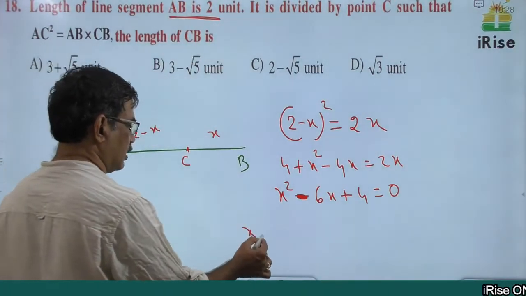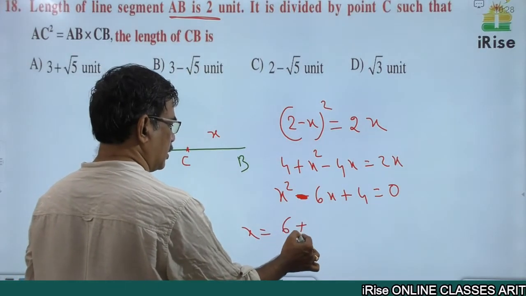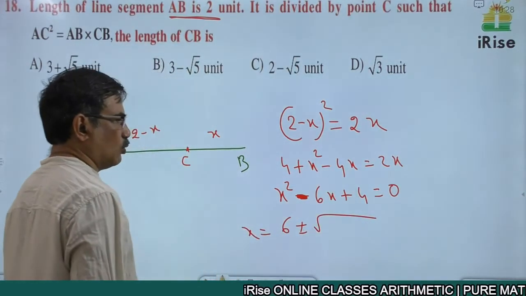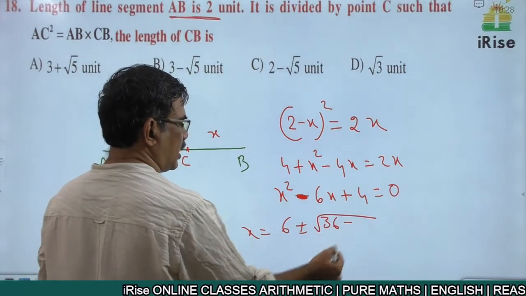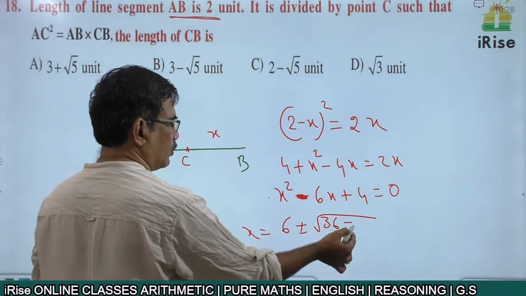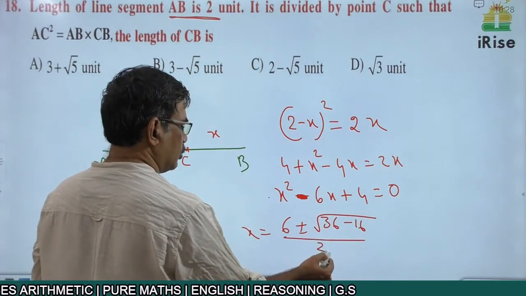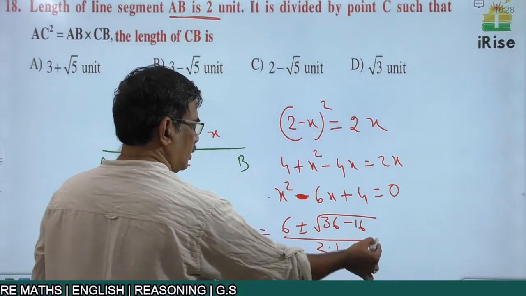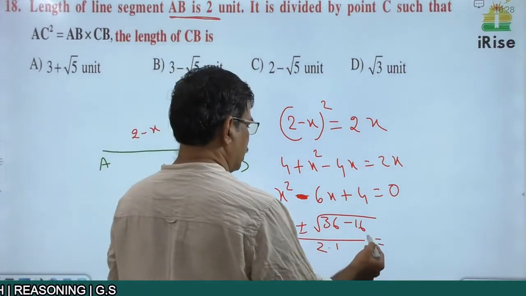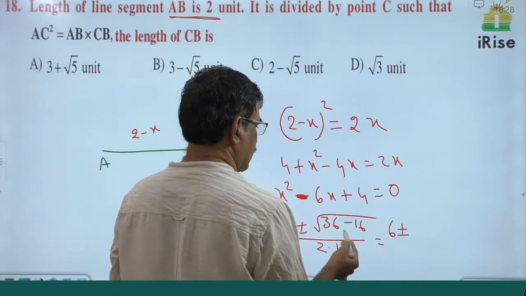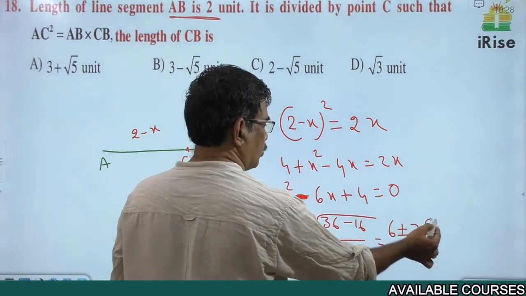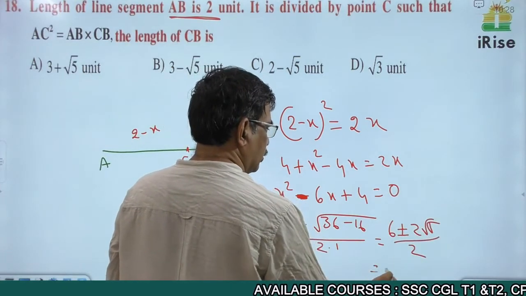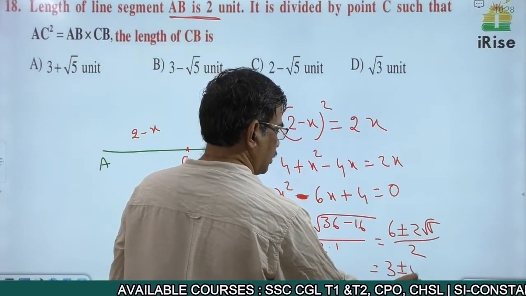So what is the X value? Minus B plus or minus root of B square minus 4 into 1 into 4 by 2A, 2 into 1, which is equal to 6 plus or minus root 20 by 2. Root 20 is nothing but 2 root 5. So 3 plus or minus root 5.